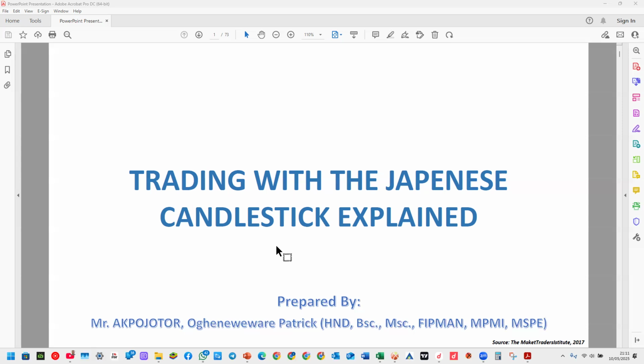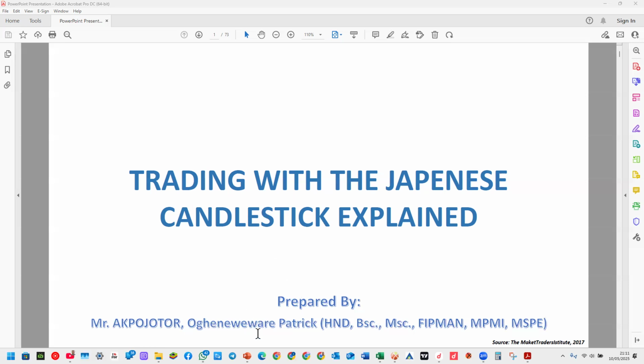So if the two candles on either side are lower than the center wick, it means the center wick is your resistance. If the two candles to the right and two candles to the left are higher than the center wick, it means the center wick is your support.